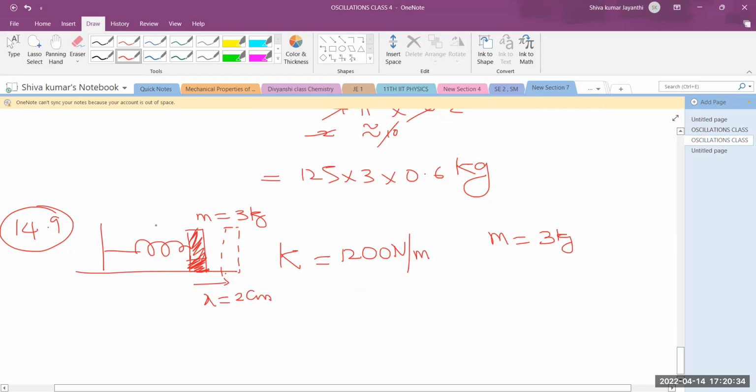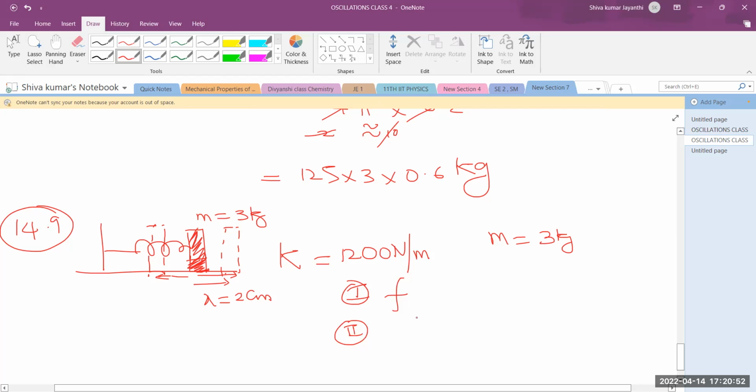Then what happens? It undergoes oscillation. Then determine the frequency. They asked a question: determine the frequency.